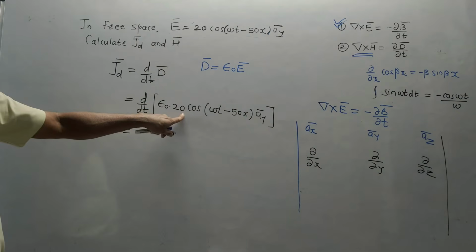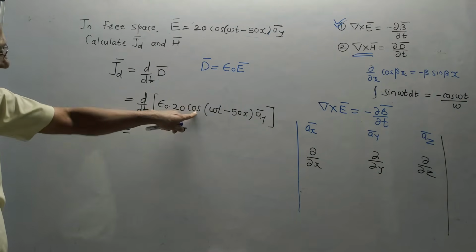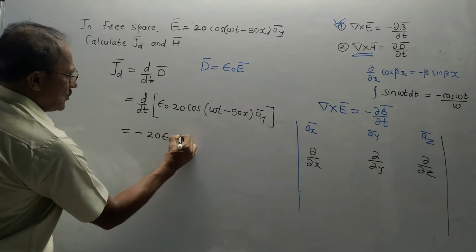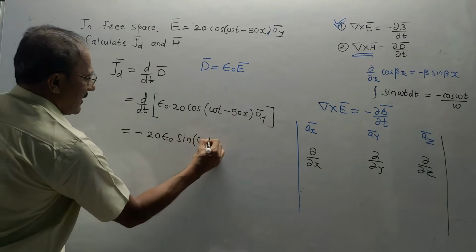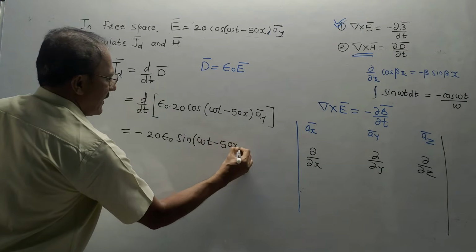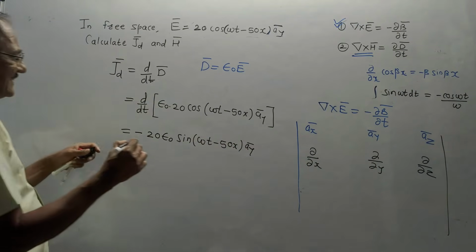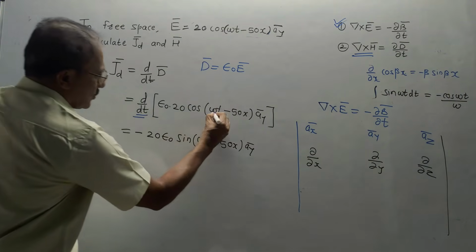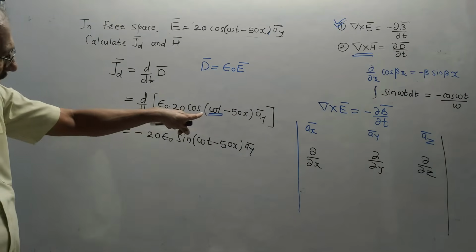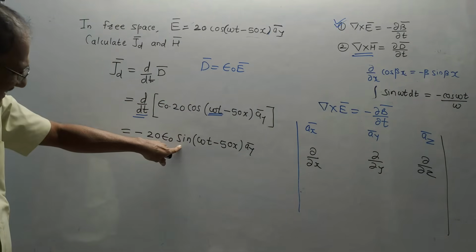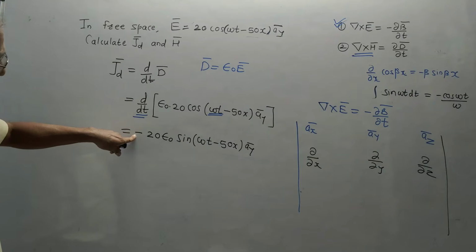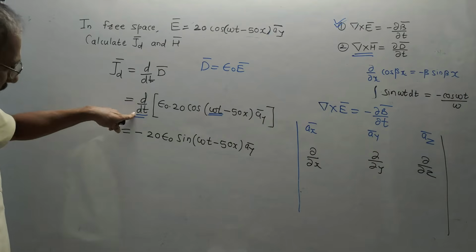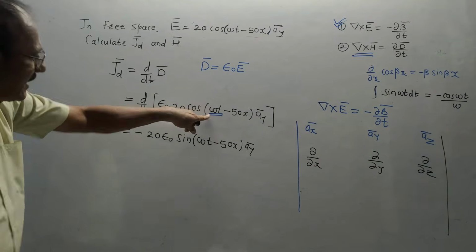20 and epsilon 0 are constant. The derivative of cos is minus sin, so I will write the minus sign over here: minus 20 epsilon 0 sin omega t minus 50x, ay bar remains as it is. Keep in mind we are differentiating with respect to t, so consider this term only. The derivative of cos is minus sin, that's what I have written. It contains omega t, and since we are differentiating with respect to t, this omega should be taken out.